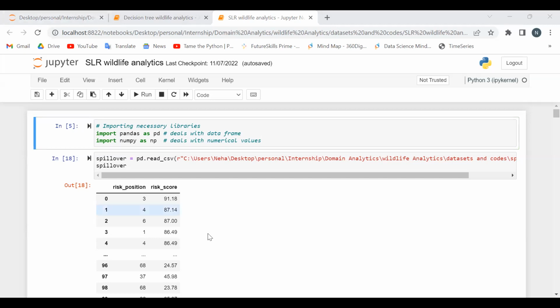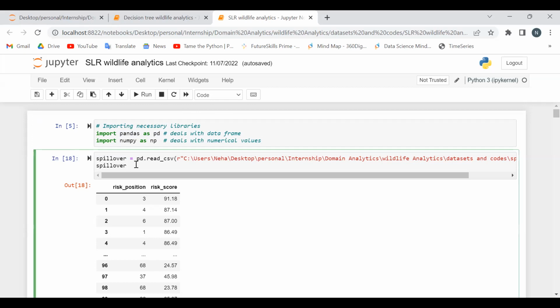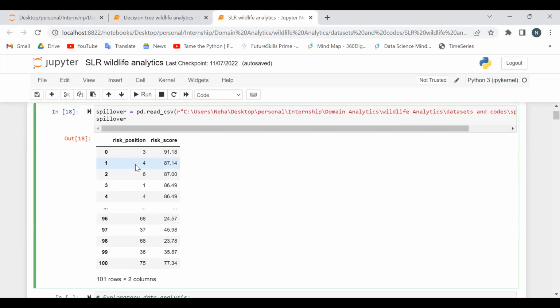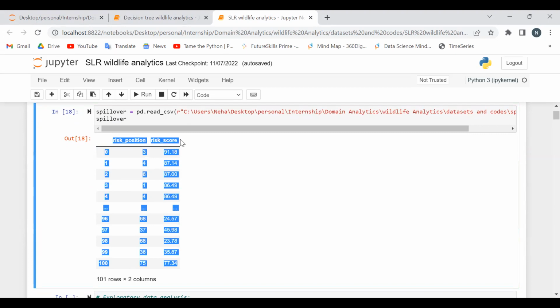So here we are importing the libraries that are useful to us, that is pandas and numpy. We are reading the data set. The data set contains risk position and risk score.